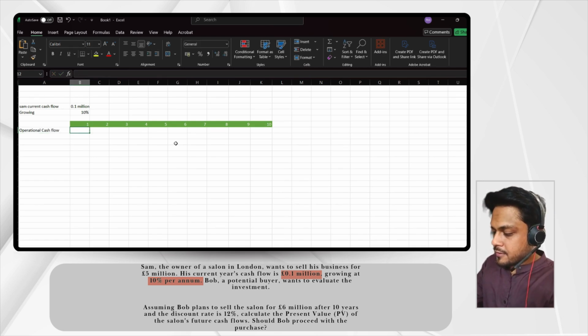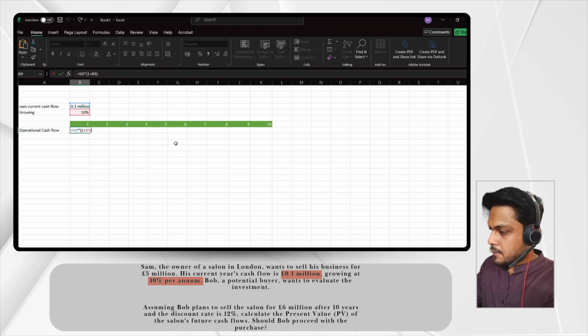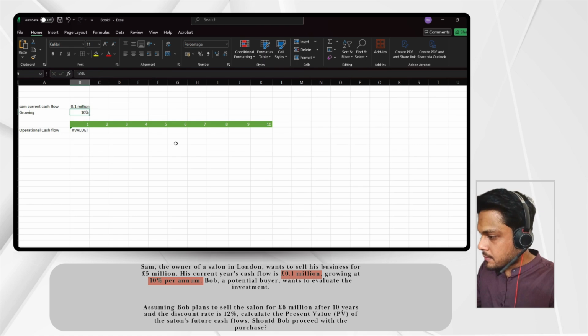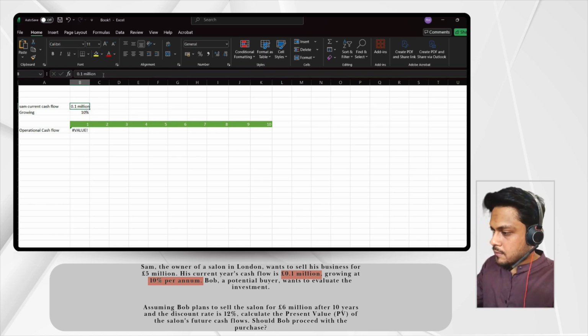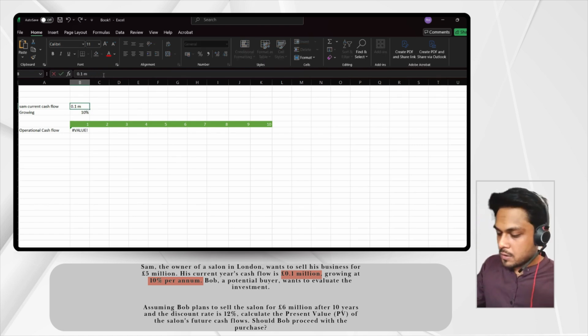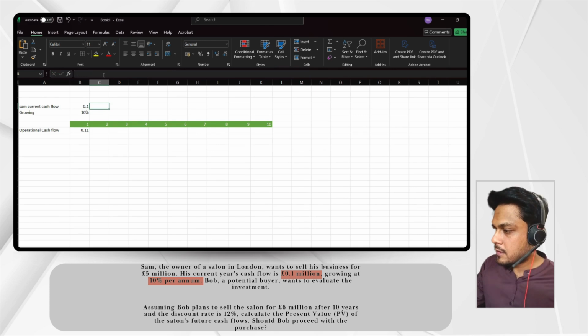His operational cash flow after year 1 is 0.1 plus 10% growth. Sorry, something is wrong. Okay, the million is there. Let's delete it.